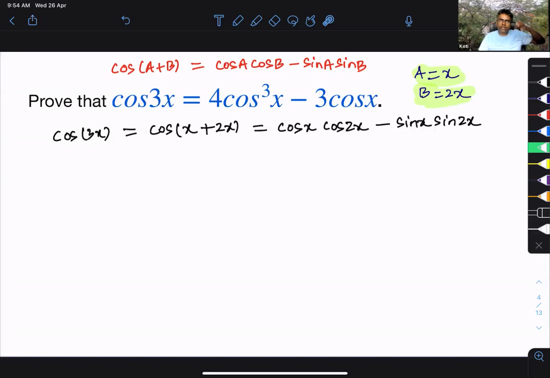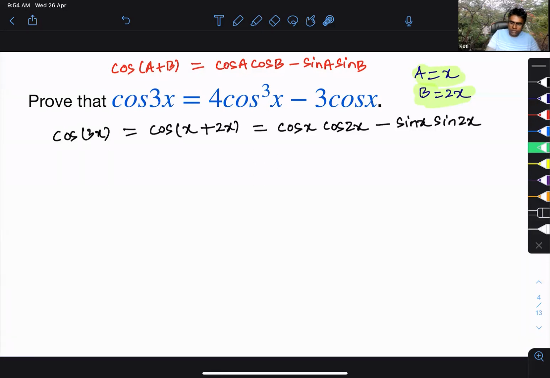You remember, which we actually tried: cos of x plus y is cos of x multiplied by cos of y minus sin of x into sin of y. You can go through that video again. Are you fine with this, Harsha? Yes, sir, fine.